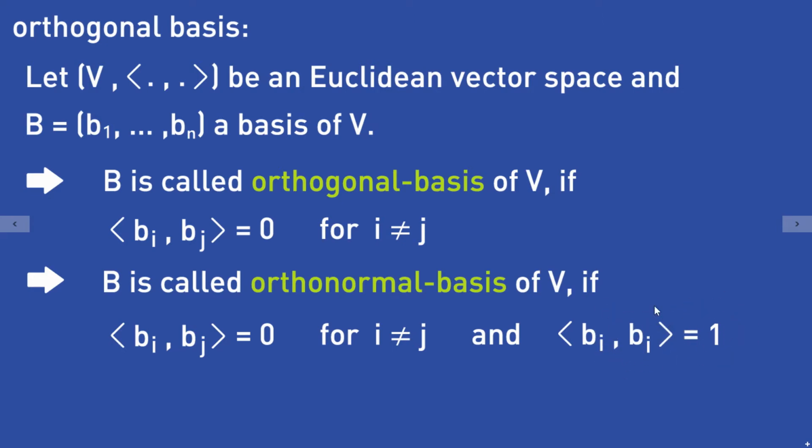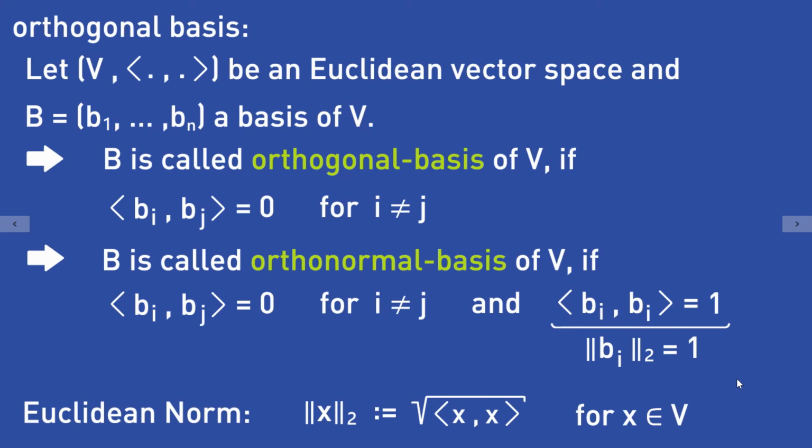That means that the Euclidean norm of each vector bi in the basis B is equal to 1. The Euclidean norm of a vector x in the space V is given by the square root of the scalar product of x with itself. It's denoted like that. So this here is the Euclidean norm of a vector x in the space V.